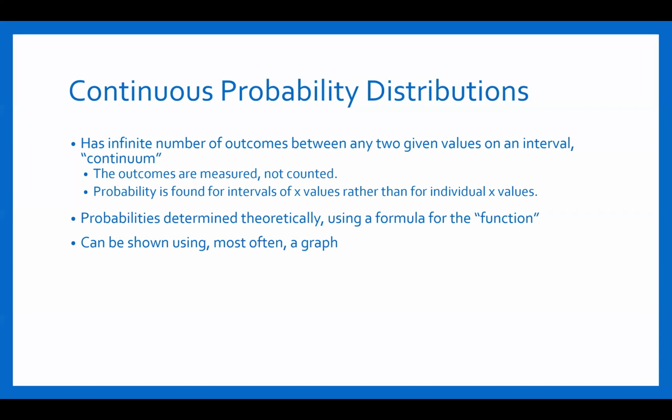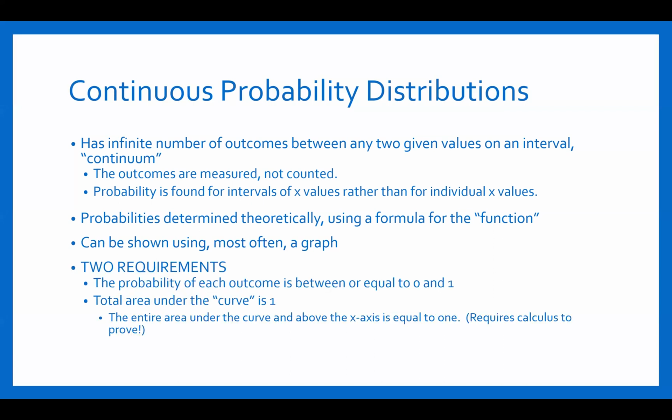It can be shown most often using a graph, although you could have it in a table form or even a function or equation form. If we got into the function or equation form, we'd have to do some calculus, and I anticipate that most of you don't want to do that. Again, that's why we're going to be using the technology. One of the differences you'll see is the display. For continuous, we tend to use a graph or a picture.